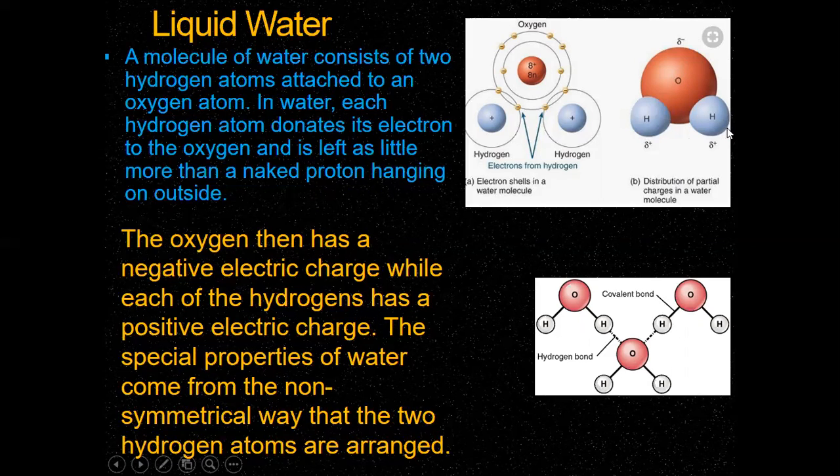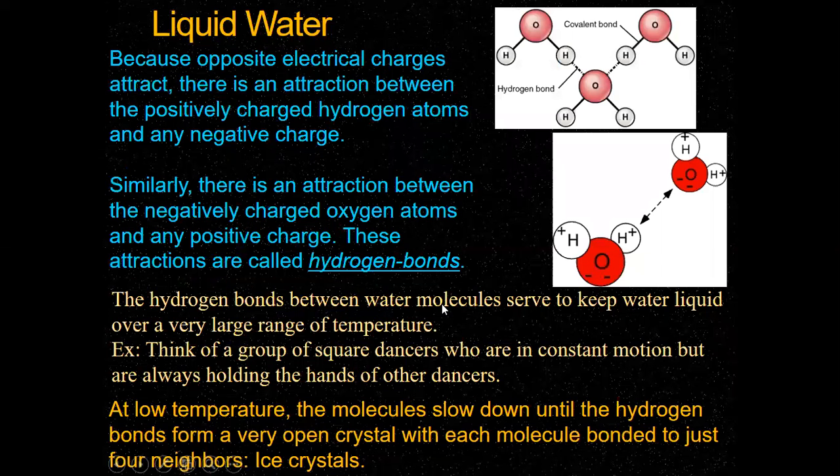Here it is a little like a triangle shape, right? So it is not arranged symmetrically. Because opposite electric charges attract, there's another attraction between the positively charged hydrogen atom and any negative charge.